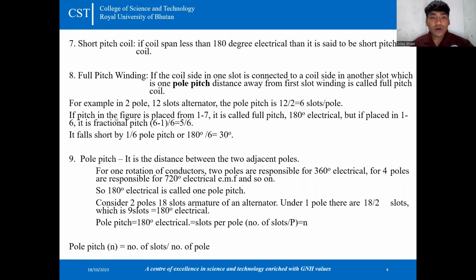Like if the conductor is placed between 1 to 7, it is known as full pitch, which will be equal to 180 degrees electrical. But if it is placed in 1 and 6, it is a fractional pitch, which is less than full pitch winding.